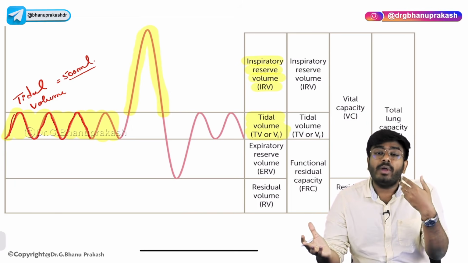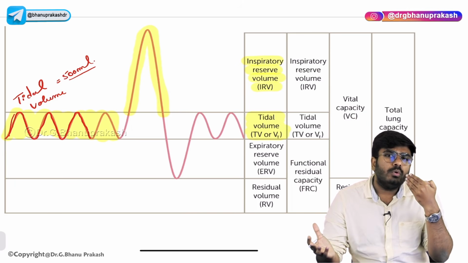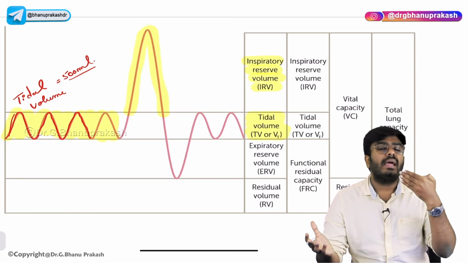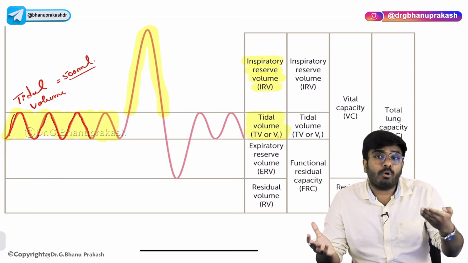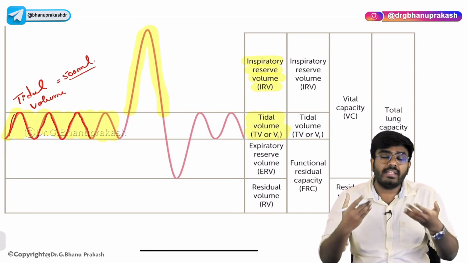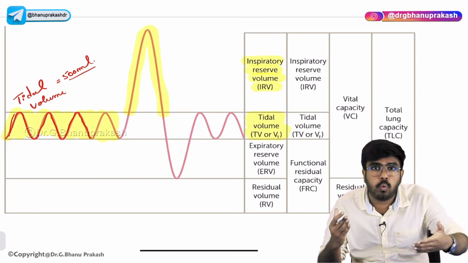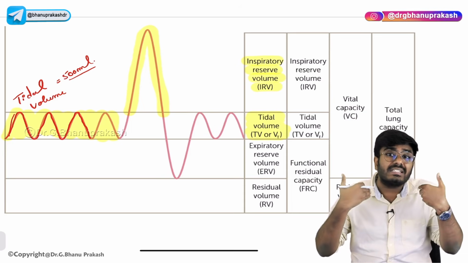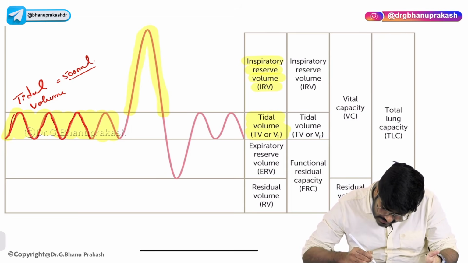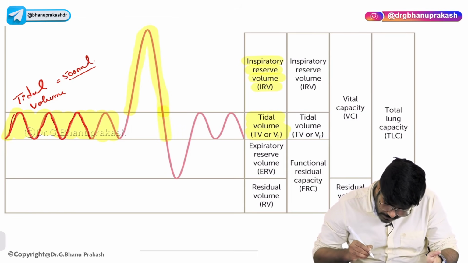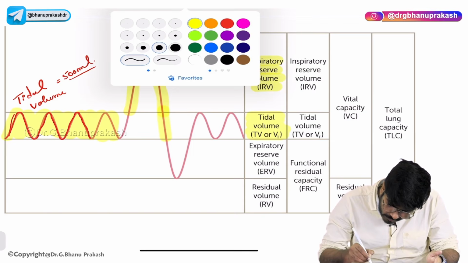For blowing the balloons, will you do normal tidal volume respiration or will you take out extra air out of your lungs? For blowing the balloons, you have to take out extra air out of your lungs. Let me show you with a different color.